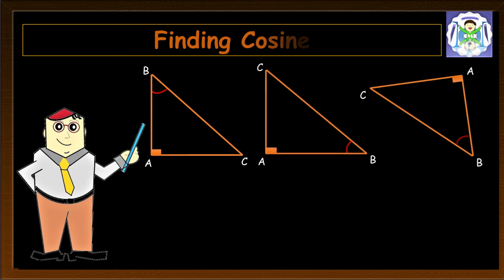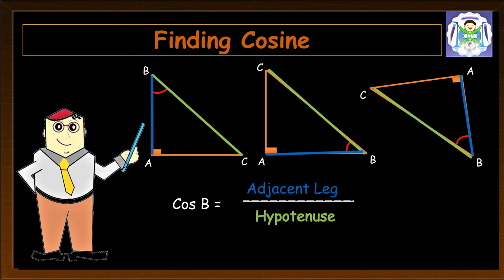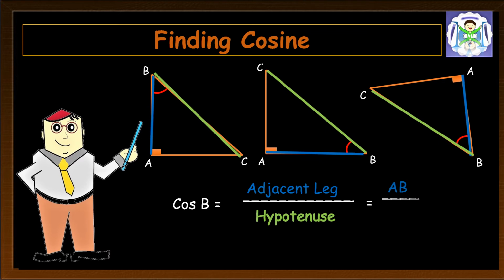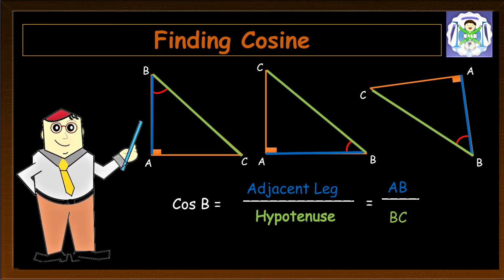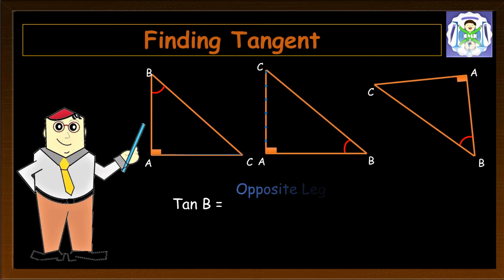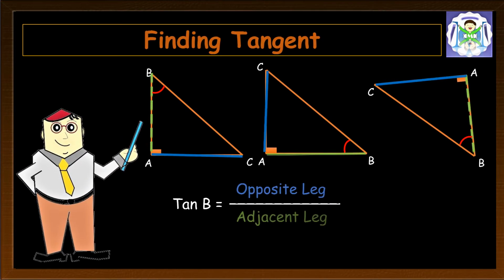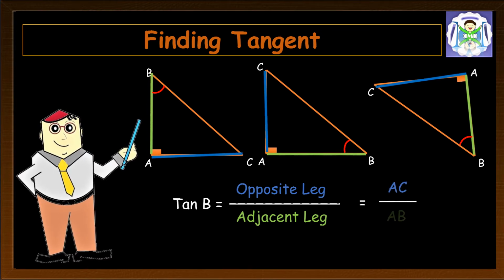Second is cos B, which is adjacent leg divided by hypotenuse, which is AB by BC. Tan B is equal to opposite leg over adjacent leg, which is AC over AB.